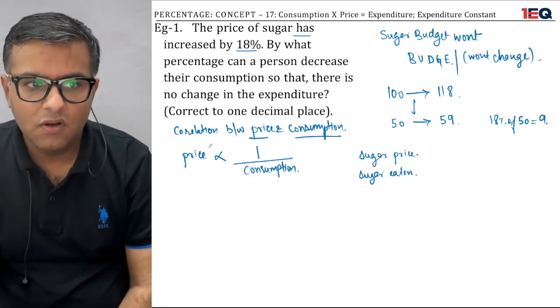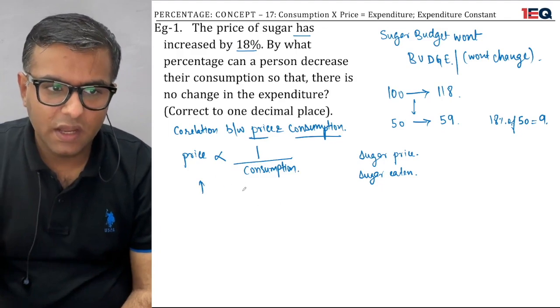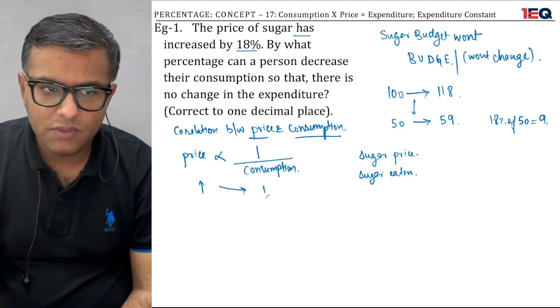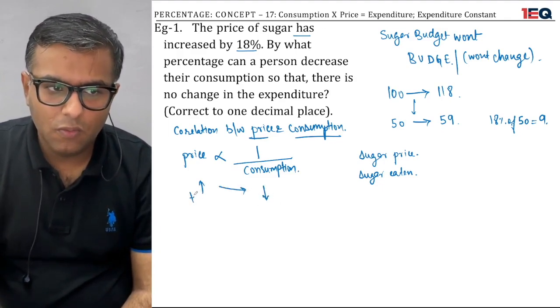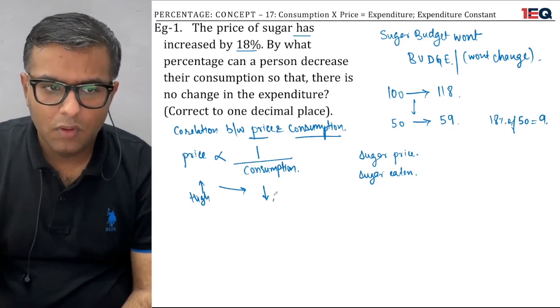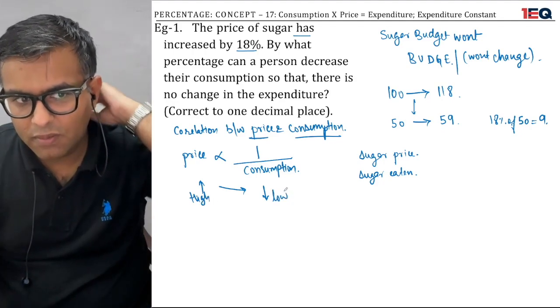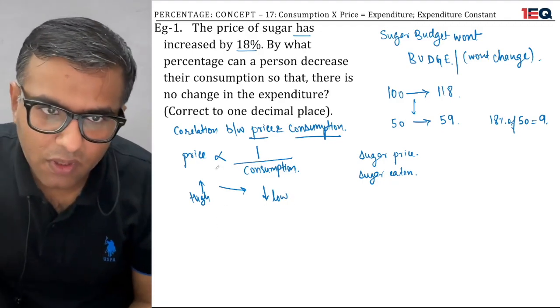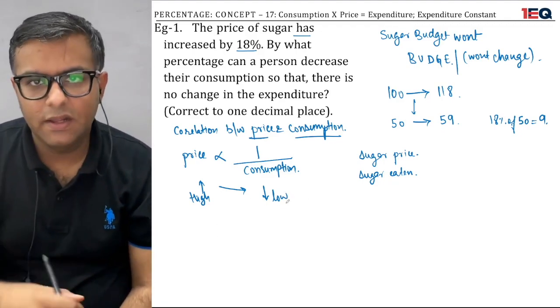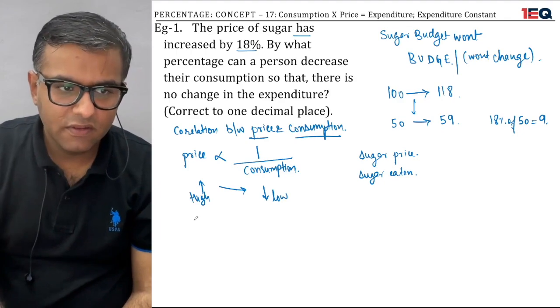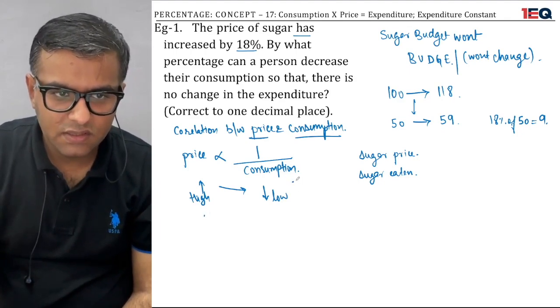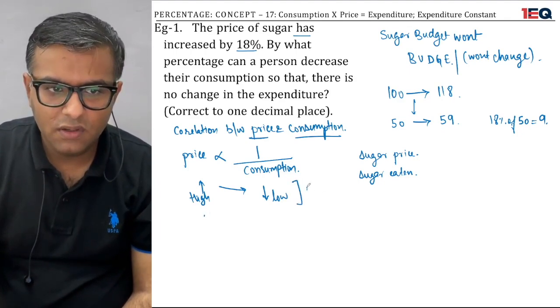If the price of sugar is high, then the consumption would be low. According to economics, in a perfectly normal market, if the price of something is going up, then the consumption would automatically go down.